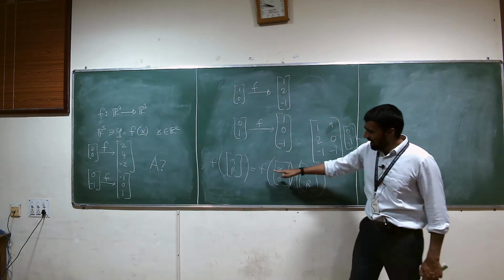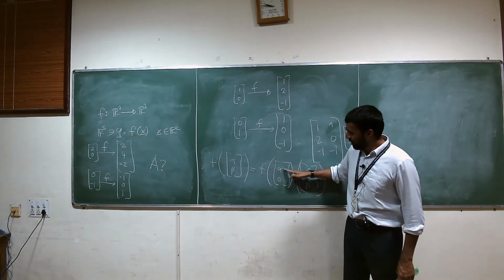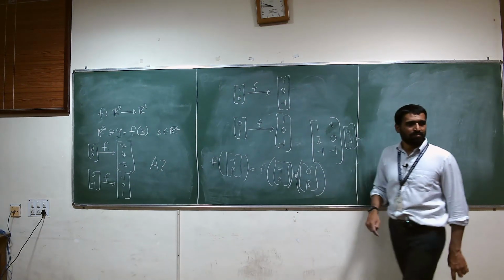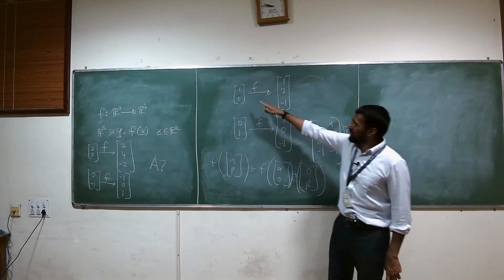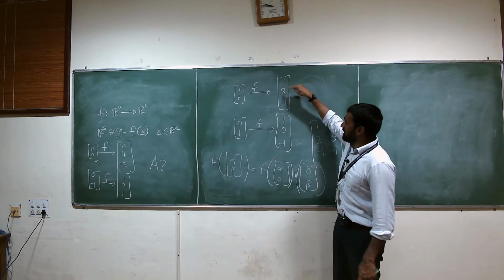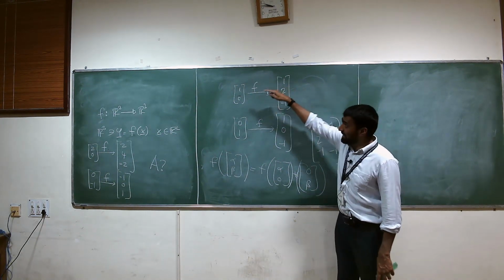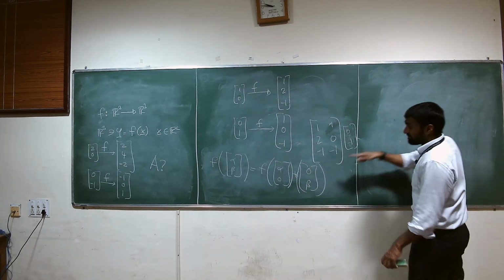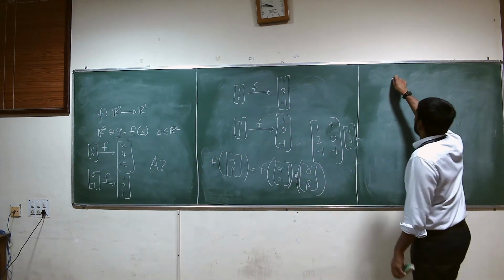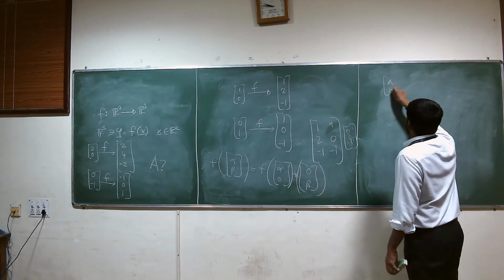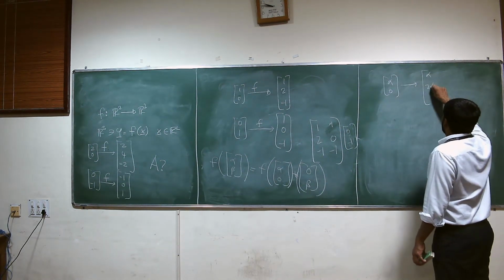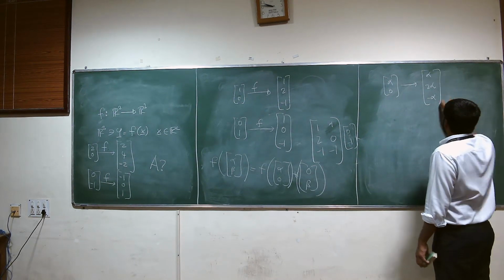What is the output of the system for any vector alpha 0? Well, I know if I apply 1, 0, I get 1, 2 minus 1. That means if I apply alpha 0, I get alpha 2 alpha minus alpha. So alpha 0 would give me alpha 2 alpha minus alpha.